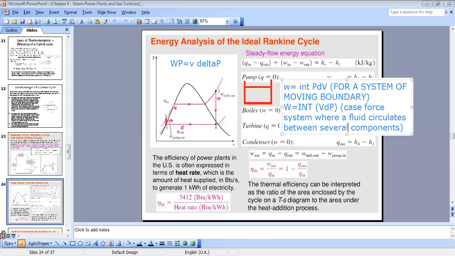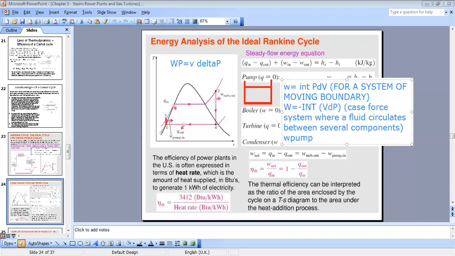Okay, and for example here, let us consider the pump. For the pump, what is happening? The pump is increasing the pressure. Okay, so here a fluid is circulating inside the pump. So if you want to find W pump, okay, it is integral of, and just I want to tell you that we should add here a minus.